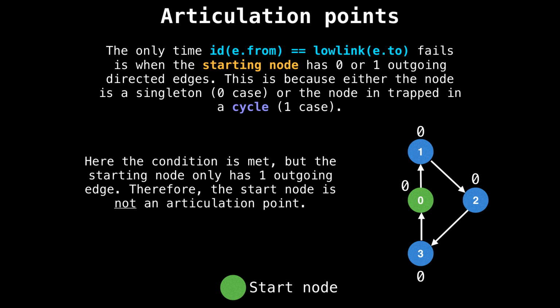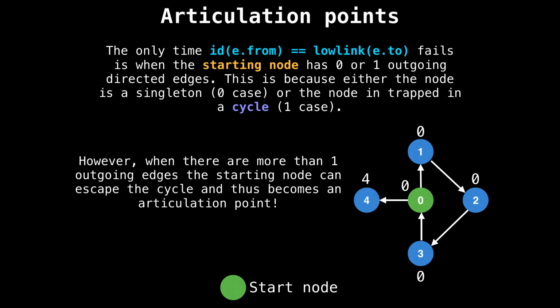For example, in the graph on the right, we start at node 0, the green node, and it is not an articulation point despite our condition of the ID equaling the low-link value. However, as soon as we add another edge to our starting node, it becomes an articulation point. So this is something to watch out for and is unique to the starting node.